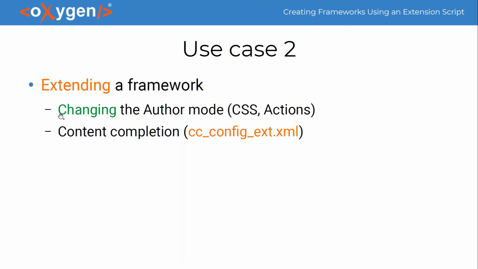And what I have in mind is to change a bit the author mode with new CSS, change a bit the actions presented in the author mode, and let's also configure a bit the content completion. We'll use this ccconfig way of doing it, which is different than what we've seen earlier. We'll get into more details in just a bit.